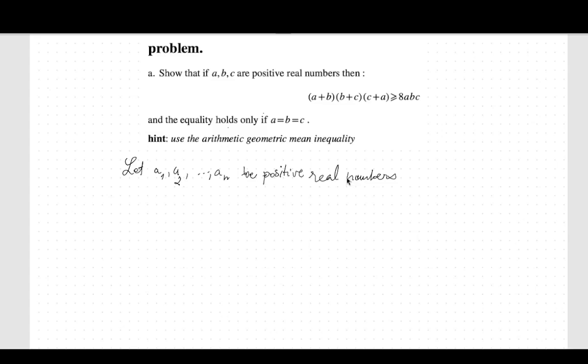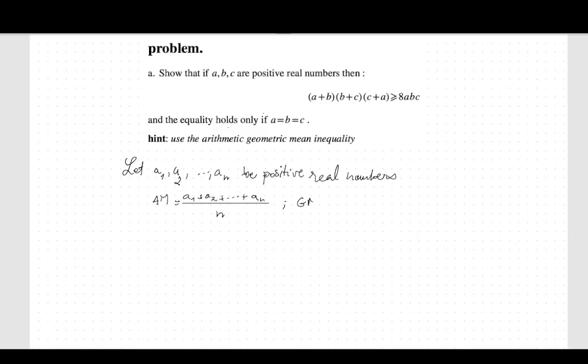The arithmetic mean of these n numbers is the sum of these numbers, a1 plus a2 plus ... plus an, over n, the number of these numbers.